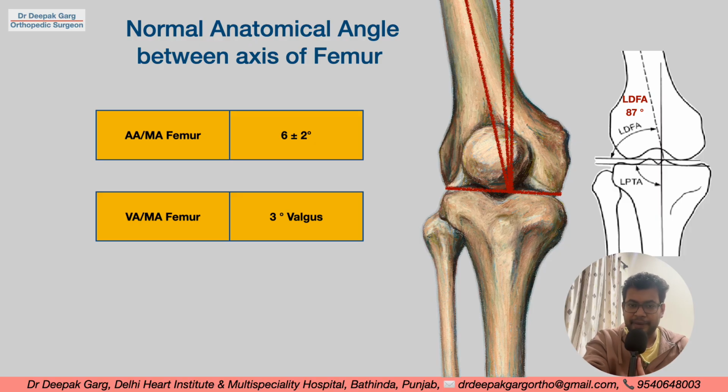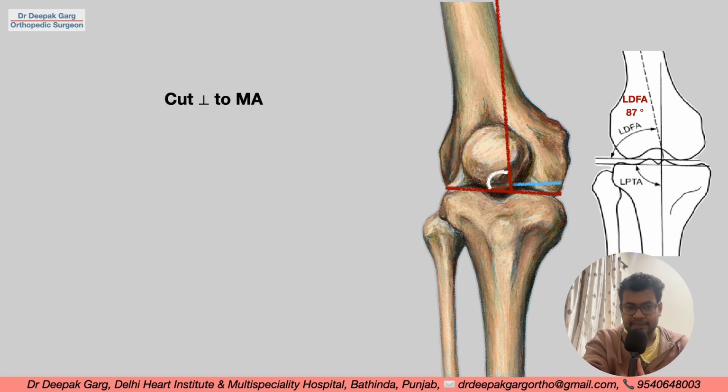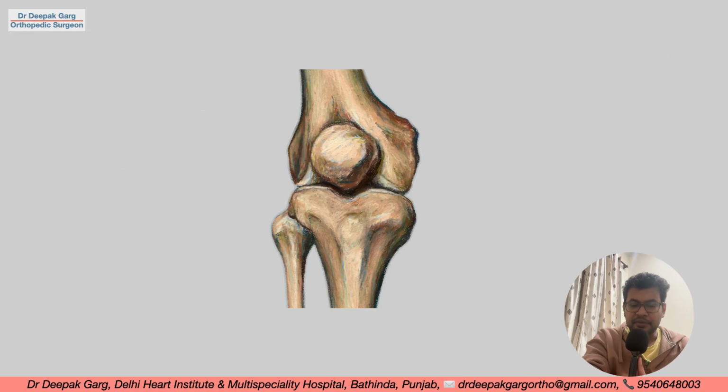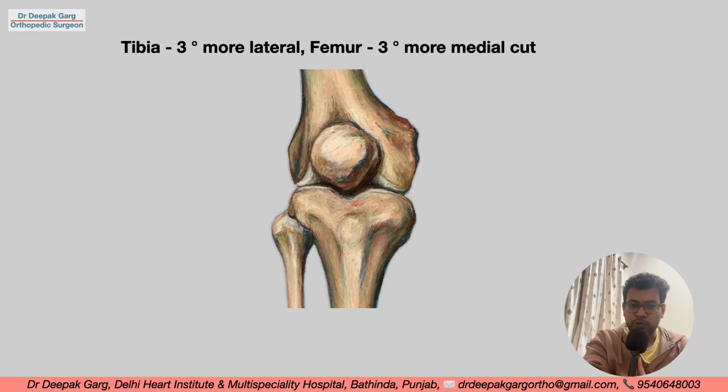Now we are cutting perpendicular to the mechanical axis, so we will be cutting more on the medial side. So in tibia, we have taken a cut 3 degrees more on the lateral side, and in femur we have taken a cut 3 degrees more on the medial side. So this balances our extension gap. That's why after taking these cuts, we first have to see whether our extension gaps are rectangular or not.